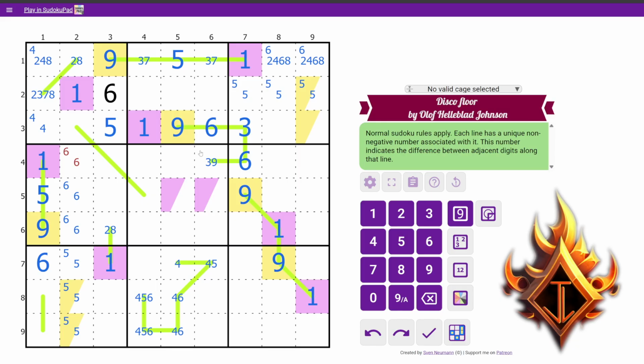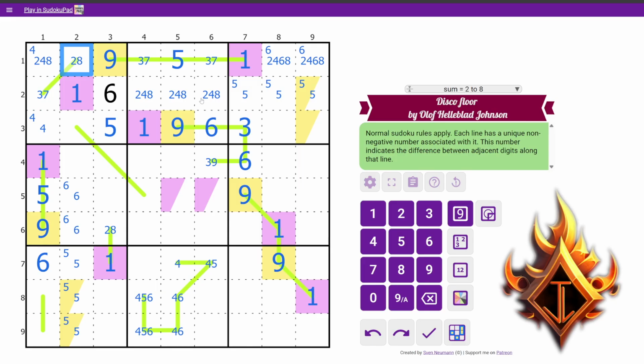Like that. There's going to be a 4 in here with a 2 and an 8. 2, 4, 8. So now we take that out.